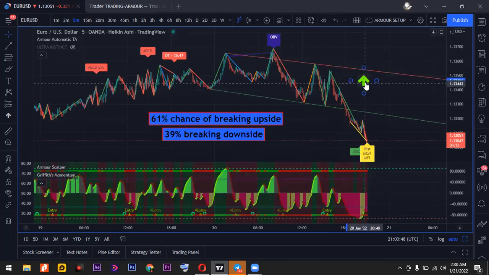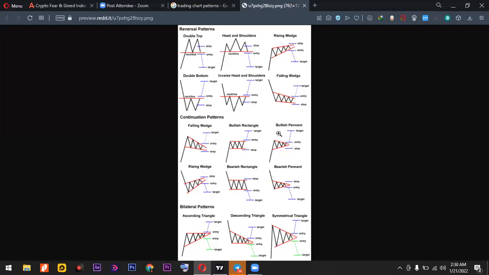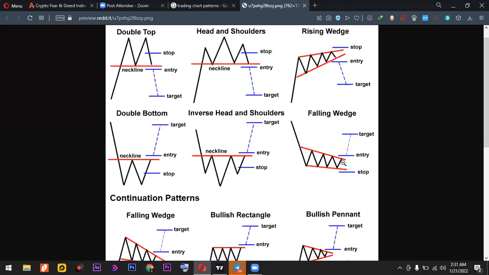If they go above this red line, we long. Simple as that. So this is a falling wedge. 61% of the time it breaks to the upside. So here from the top, we enter and exit. Here is the target.